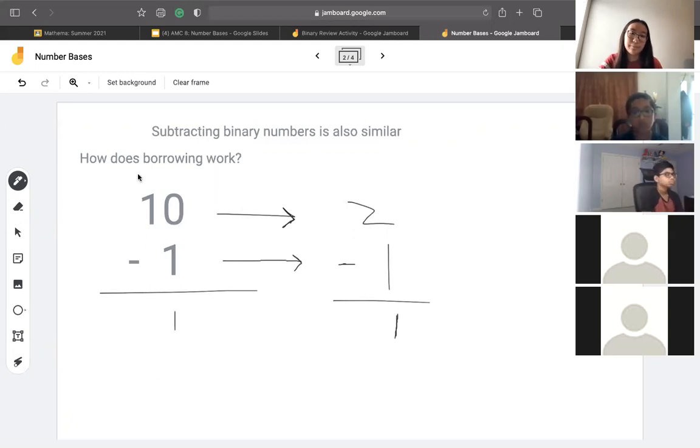So we have to borrow from our neighbor. This gets turned into a 0, and this becomes a 2, like a hidden 2, and then we just do 2 minus 1 equals 1 like normal. Not the greatest example, but this is just to show you that addition and subtraction basically work the same way.